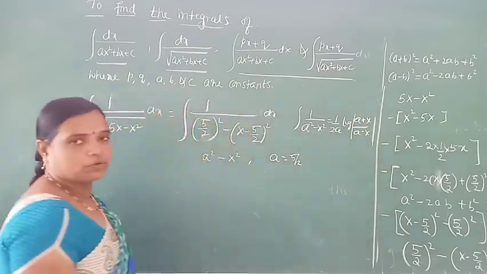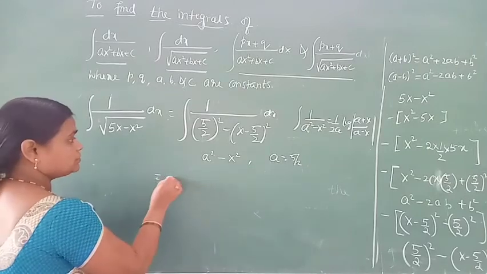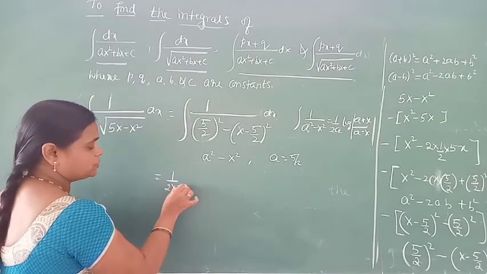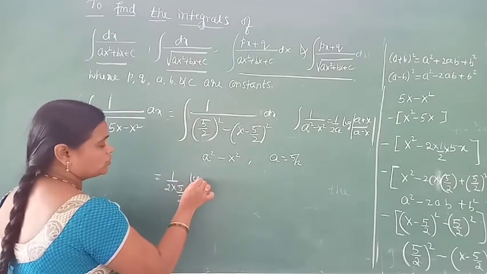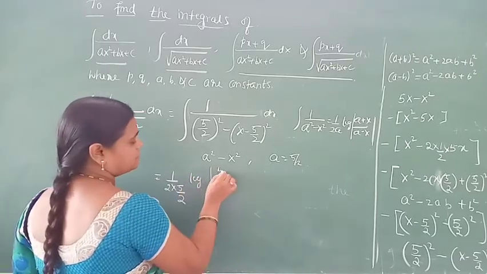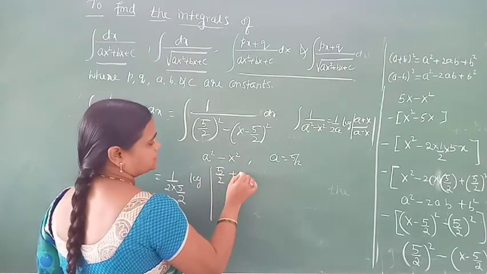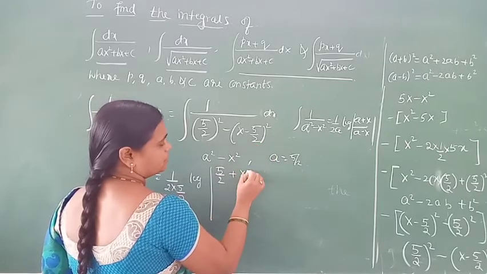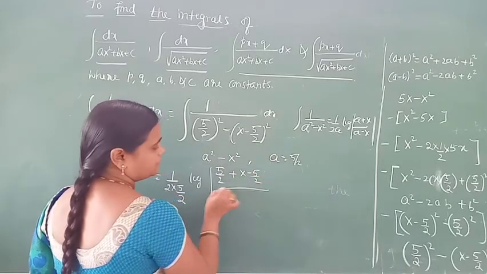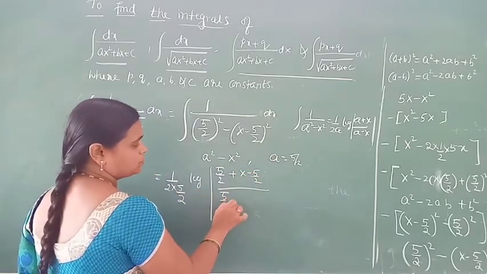That formula we have to apply here. That is 1 by 2 into 5 by 2, log of modulus of 5 by 2 plus x, where x is x minus 5 by 2, divided by 5 by 2 minus x minus 5 by 2.